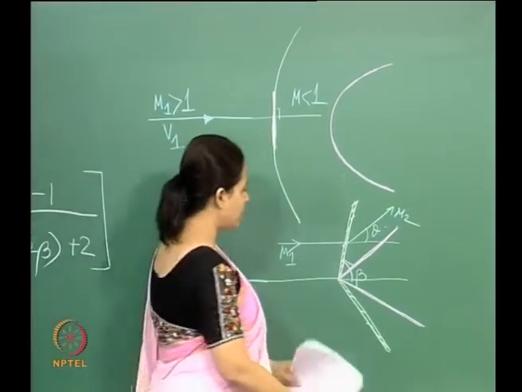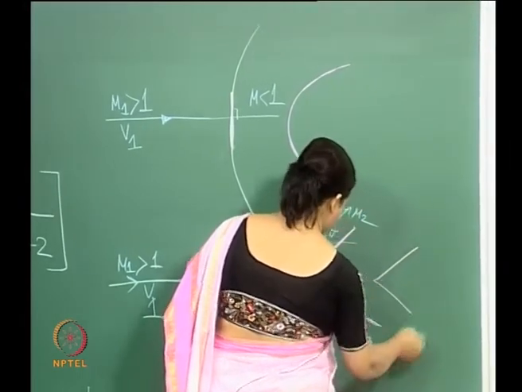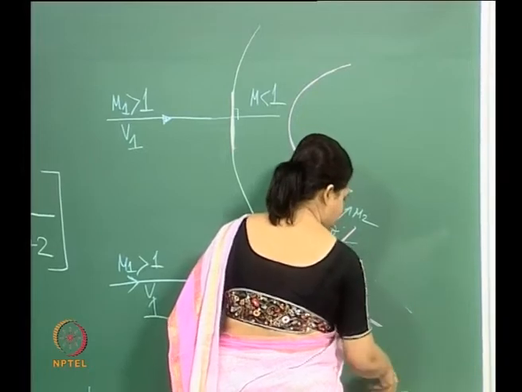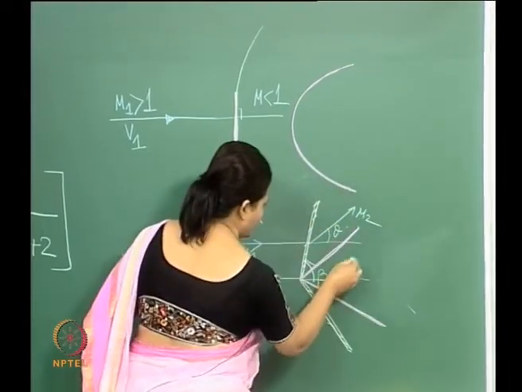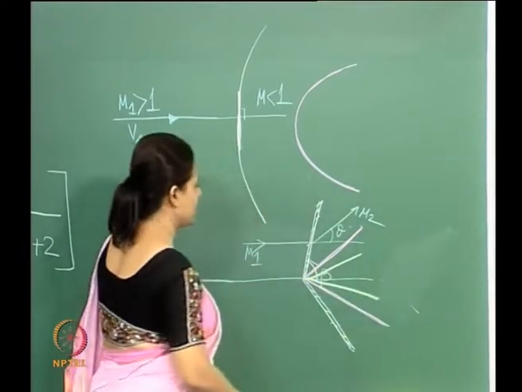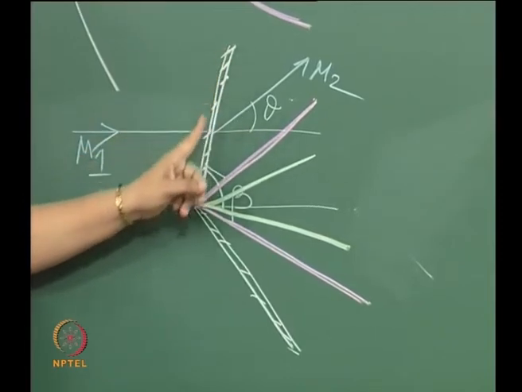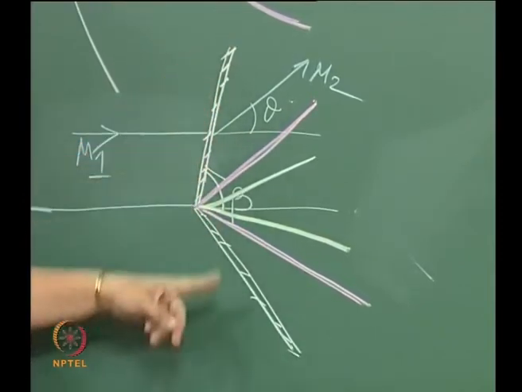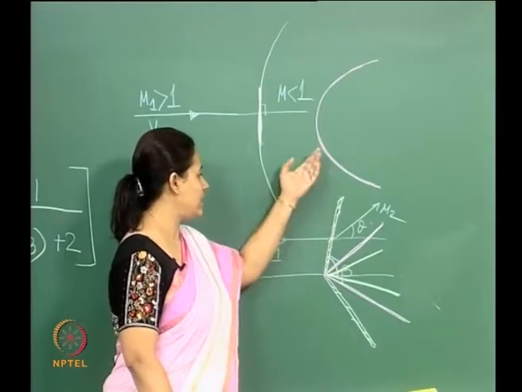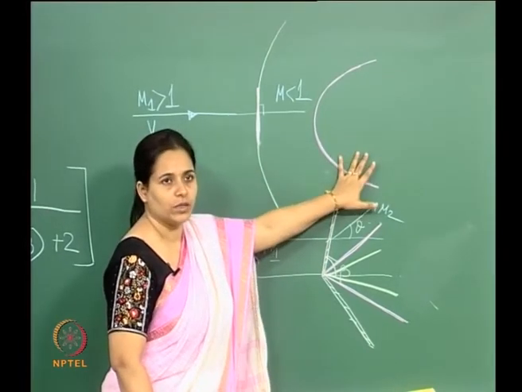Now instead of this, what if we have something like this? In that case, how will the geometry of this oblique shock change, or will it not change? Clearly there is some connection of the geometry of the shock with the geometry of the body.